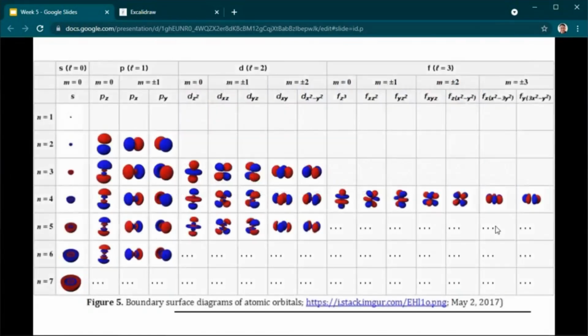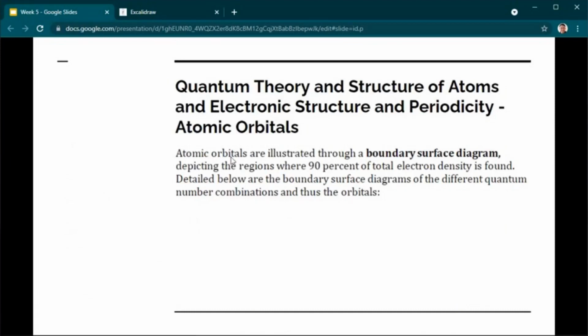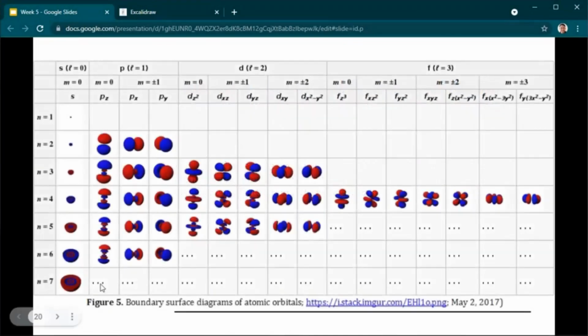Next, atomic orbitals are illustrated through a boundary surface diagram depicting the regions where 90% of total electron density is found. Detailed below are the boundary surface diagrams of the different quantum number combinations and thus the orbitals. So this will be the shape of each subshell or angular quantum number.